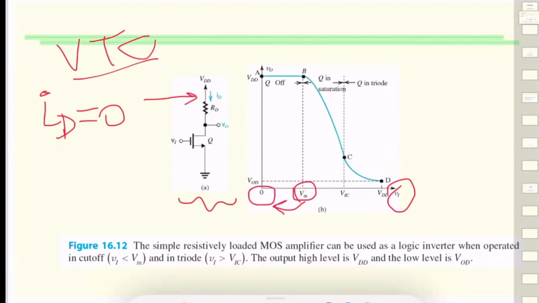And the output voltage is whatever is the power supply that's given to it, and that output is logic 1.